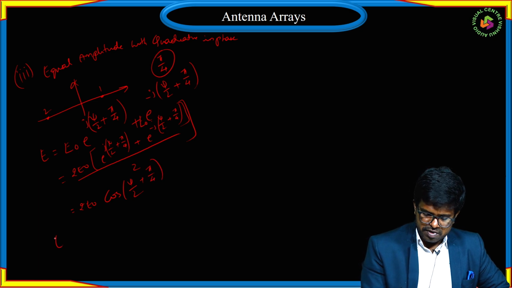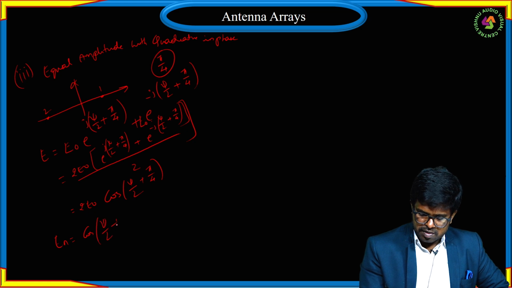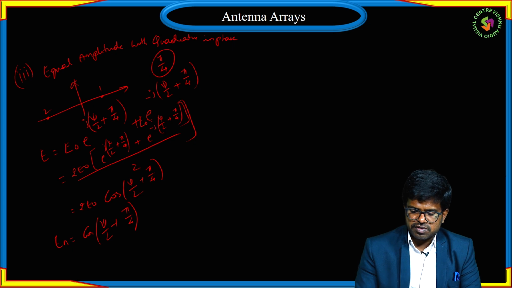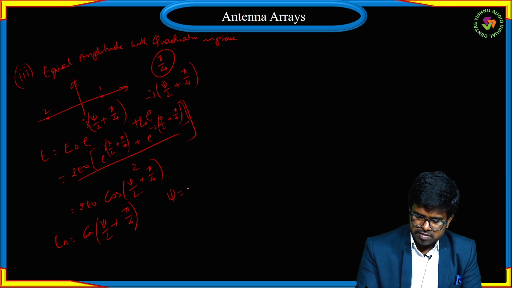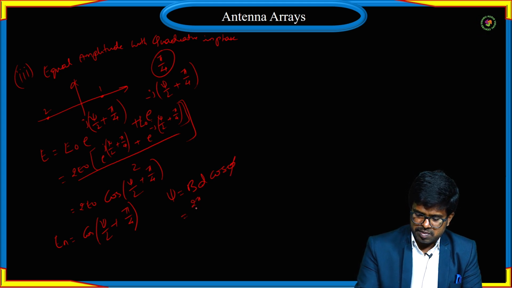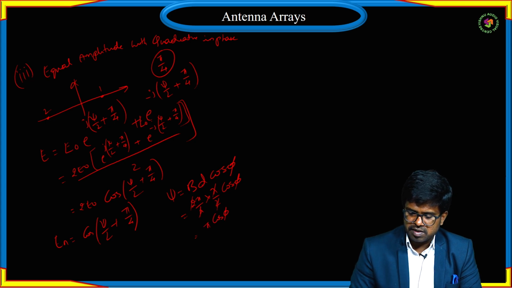So if you take the normalized field component, cos of psi by 2 plus pi by 4. Then you have to substitute psi equal to beta d cos phi. So beta value is 2 pi by lambda, d value is lambda by 2 only. This is pi cos phi. We have to substitute this psi value.